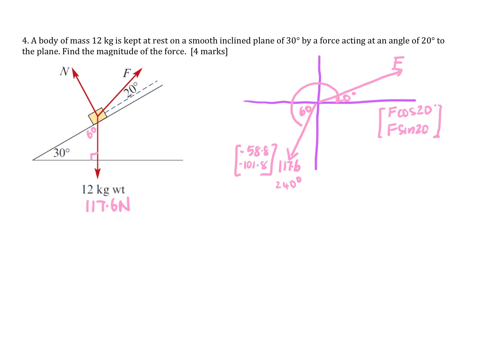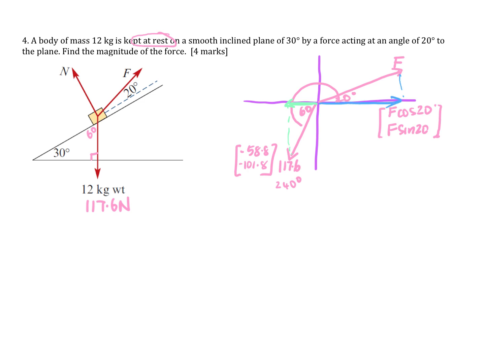Now, I'm wanting to work out what that is, and I know that this particle is kept at rest. That means that our forces balance out, and this one here that's going that way, the component of this is going to be the same as the one that comes that way.